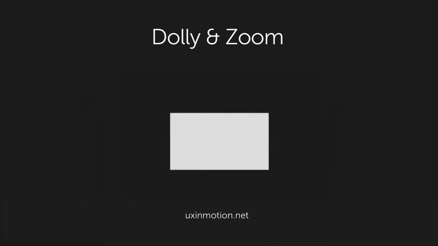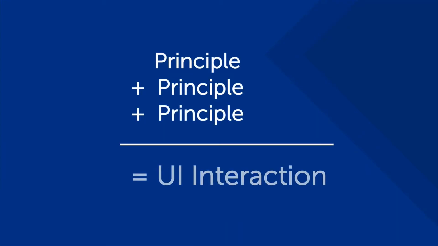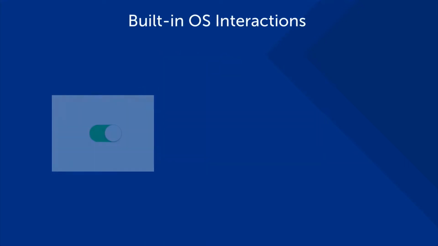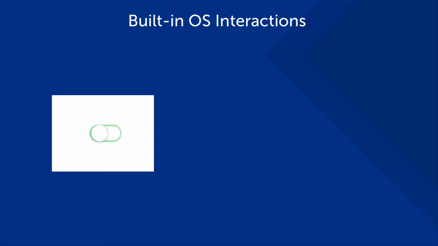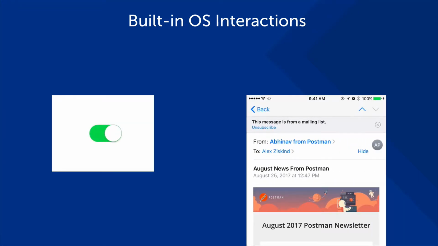Now, when we create mobile user interfaces, we combine any number of these principles to create UI interactions. Some of these we already get for free in the operating system. For example, iOS has these. We have a switch. It's got a little animation. It's very useful.